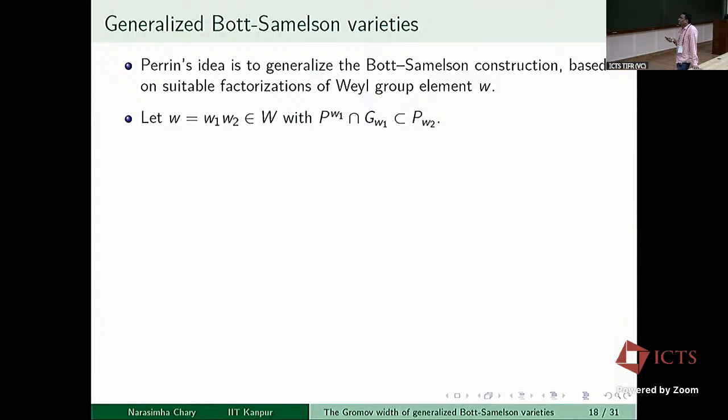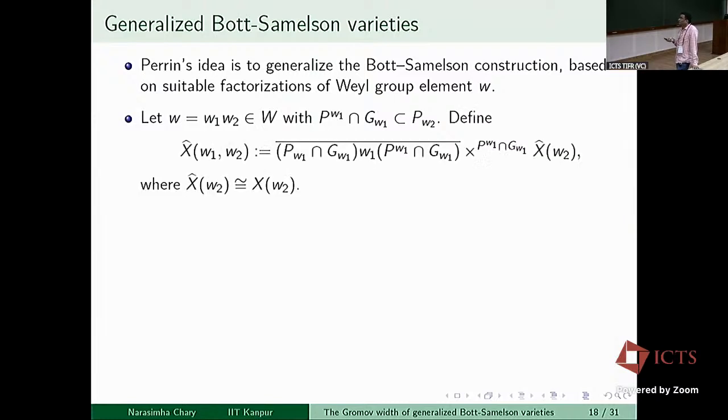And this one is the stabilizer of the Schubert variety X_W2. And this one is the maximal parabolic subgroup containing B and W1. I put this condition because I'll take this twisted product, so this group should act on this Schubert variety. But note that if you have a single factor, then this hat is nothing but the Schubert variety. The hat doesn't do anything more.